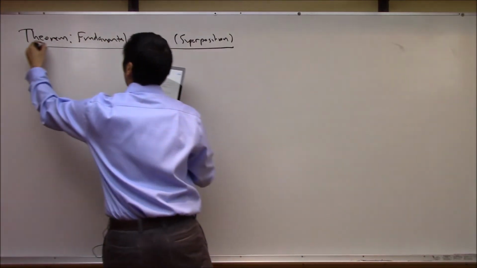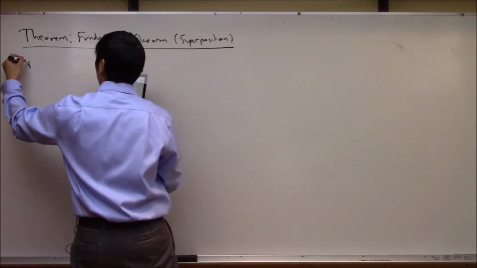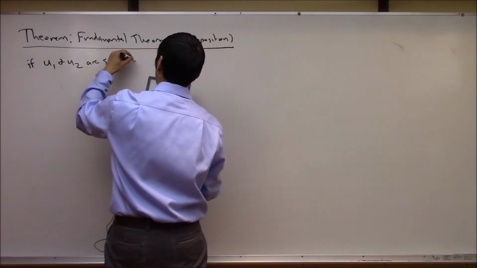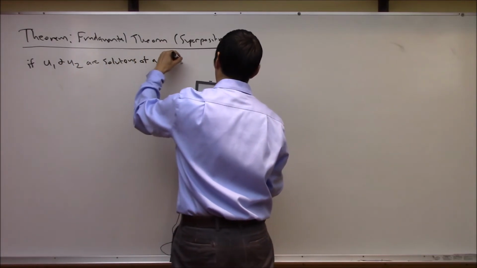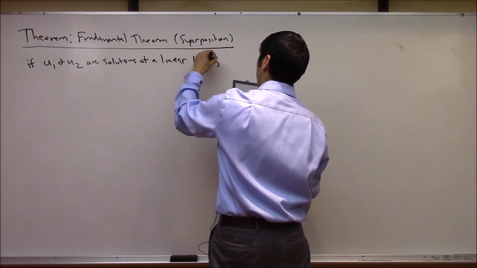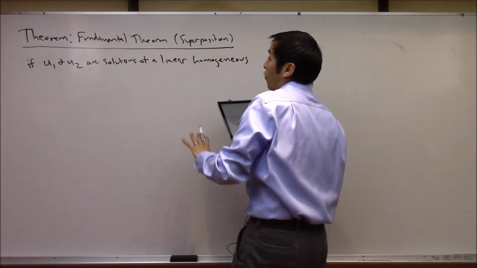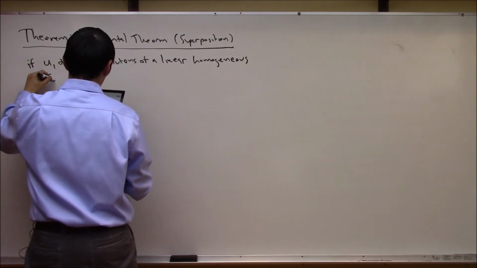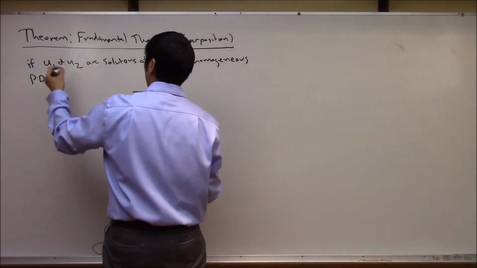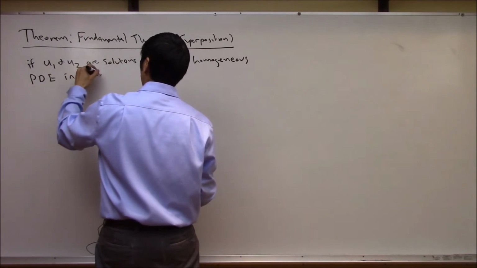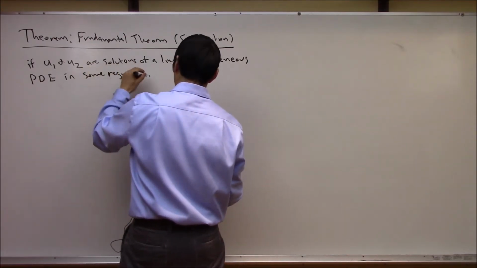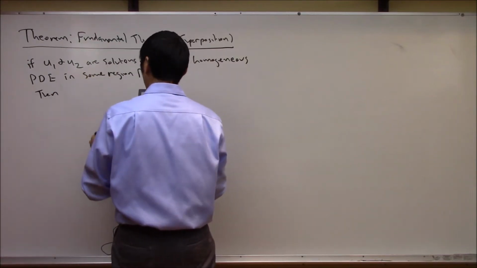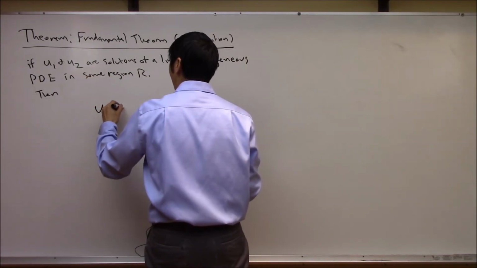Okay? So what this states is that, like we said, if U1 and U2 are solutions of a linear homogeneous PDE, and that's actually a little bit key, this doesn't work for all PDEs, but if U1 and U2 are solutions to this PDE, let's say in some region R of the solution space, then what you could do is take U1 and add it to U2.